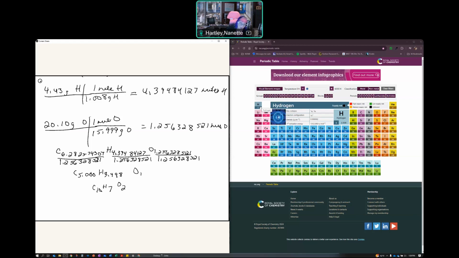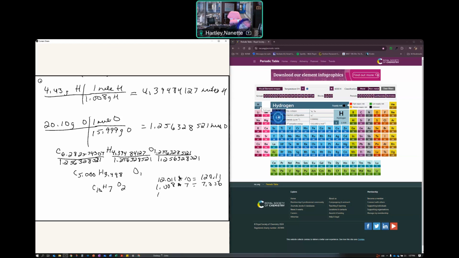Now, I want to know what the empirical formula mass is. So I have carbon, which is 12.011 times 10, 120.11. I have hydrogen, which is 1.008 times 7, 7.056.